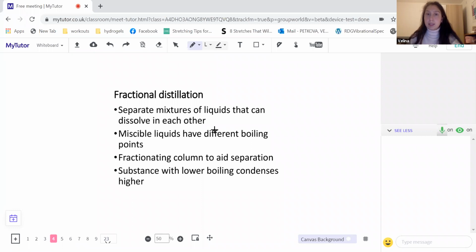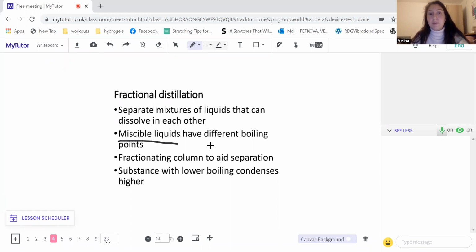But in this case, we want to separate liquids, and liquids usually have much more similar boiling points. So in yesterday's one, say in the salt solution, the salt is never going to boil off because the salt's boiling point is far higher than the water's boiling point. So it's just going to be left as a solid at the bottom. However, with mixtures of liquids, they have fairly similar boiling points, and so we need to use this fractional distillation technique.